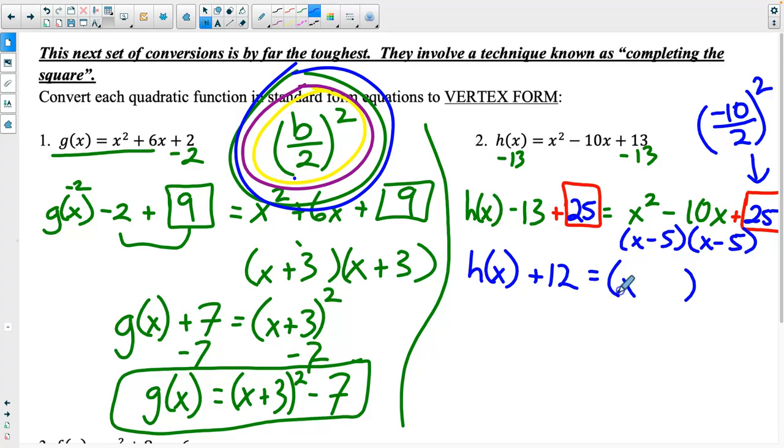But then you can also realize this is x minus 5 squared. Now, what's negative 10 divided by 2? It's always that, okay? Notice, 6 divided by 2 is 3. It actually gives you what this thing factors to as you're doing the problem, all right? So we got that. Last step, slide that negative 12 over.